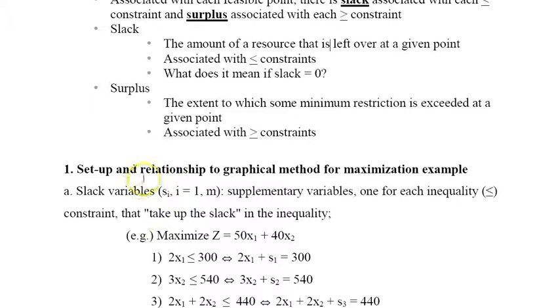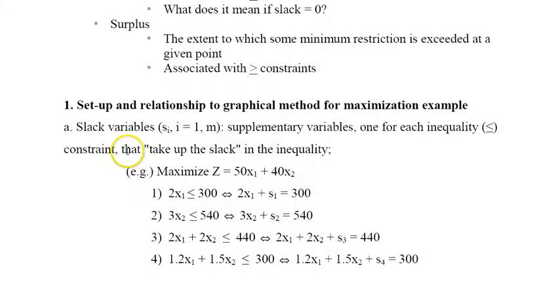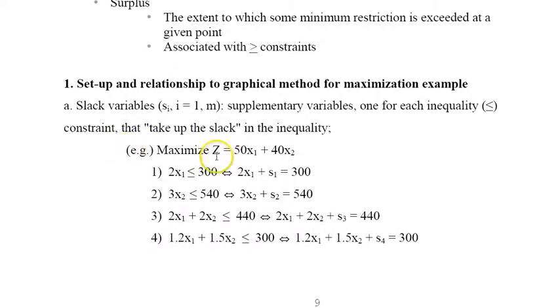So the way we implement this is as follows. I have my problem now. Let's do that with our example. Maximize 50x1 plus 40x2. 2x1 is less or equal to 300. We rewrite that as 2x1 plus s1 equals 300. So the difference between these two is my s1, and we call that the slack.